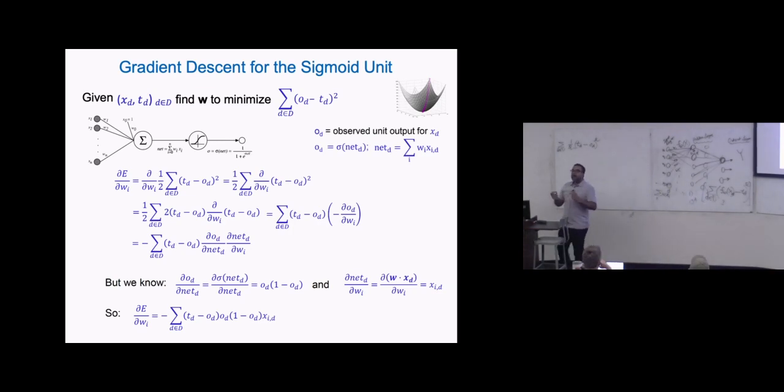That is what each unit will do in our neural network. So this OD is essentially a sigmoid transformation of the sum of WiXi, the dot product, right?